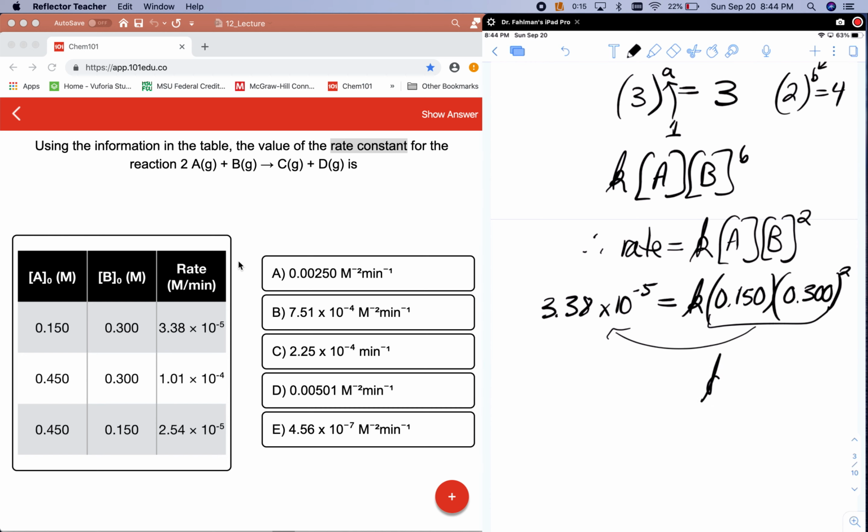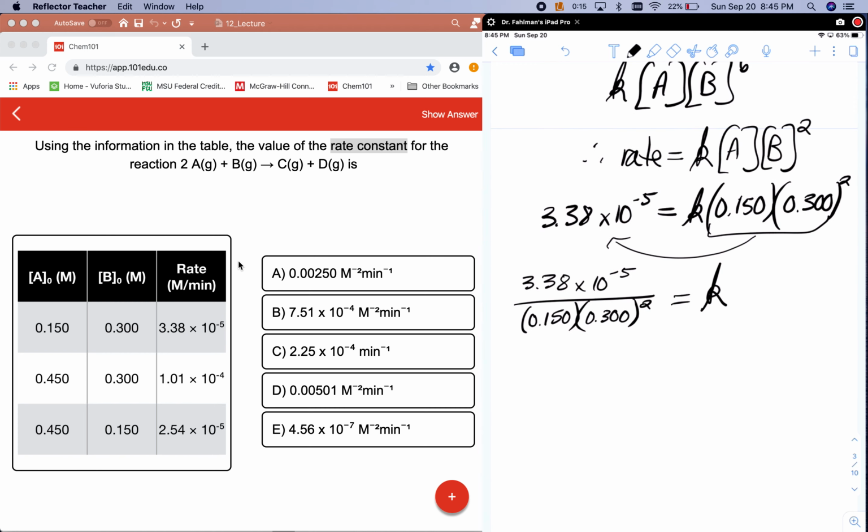Therefore k is equal to 3.38 times 10 to the minus 5 divided by, to be a little explicit about it, 0.15 times 0.3 squared.